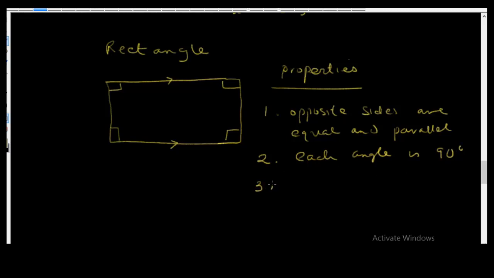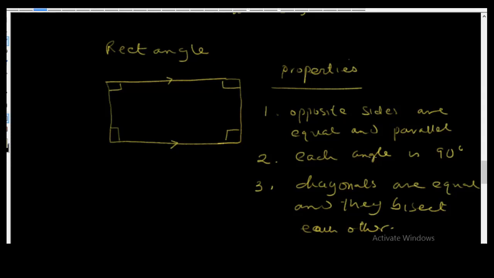The third one, diagonals are equal and they bisect each other. Let's go over it again. Opposite sides are equal and parallel. Each angle is 90 degrees. Diagonals are equal and they bisect each other. These are the properties of a rectangle.